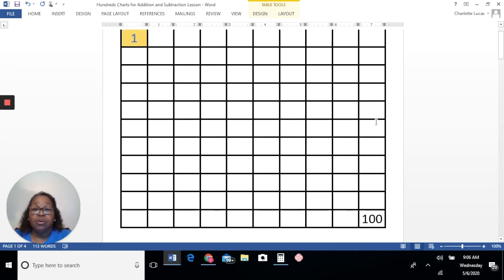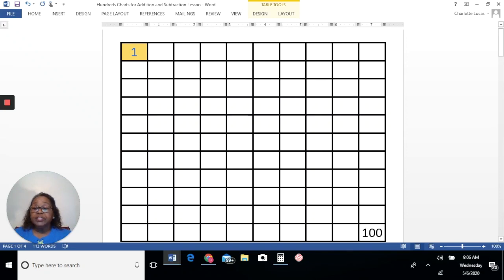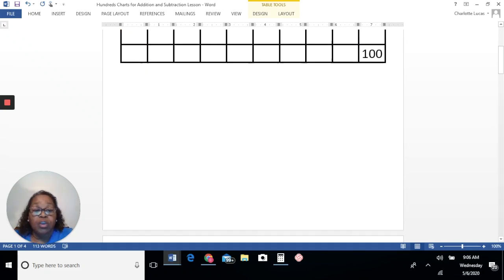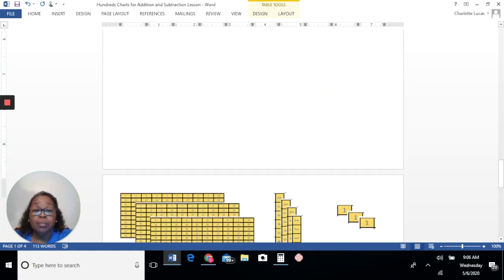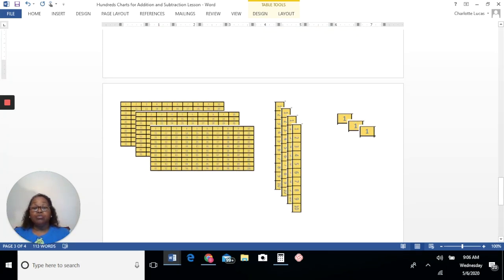What's very important is that you put your digits in the correct spot. If I needed to make the number 343, I would have to represent 3 100s, 4 10s, and 3 ones in the correct place. The digits have to go into a place, and that place tells the value.